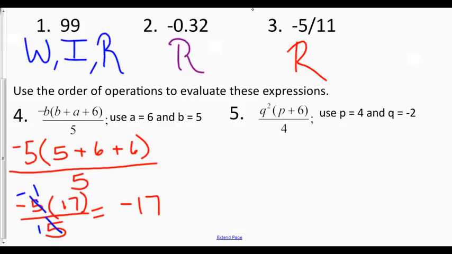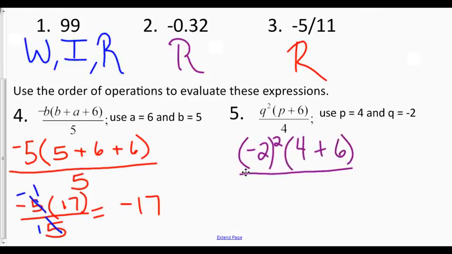In my next example, I have q squared times the quantity p plus 6, all of that over 4. Q is a negative 2, so I'm going to square negative 2. Remember, that should be in parentheses because q squared means q times q. And p is 4, so 4 plus 6, all of that over 4.